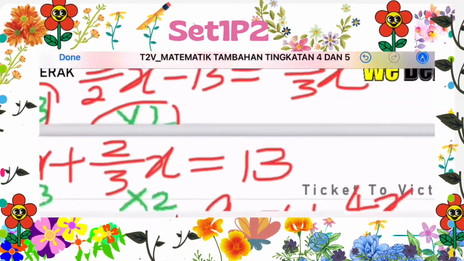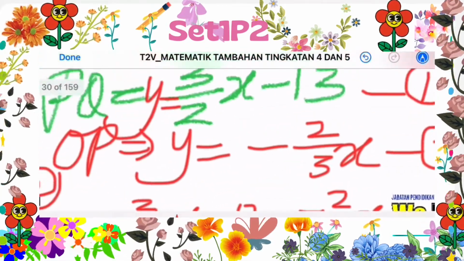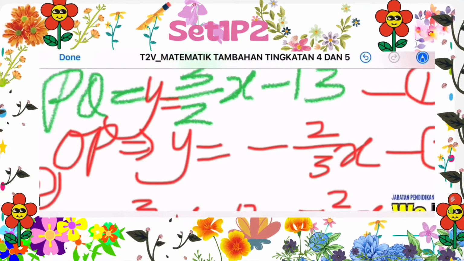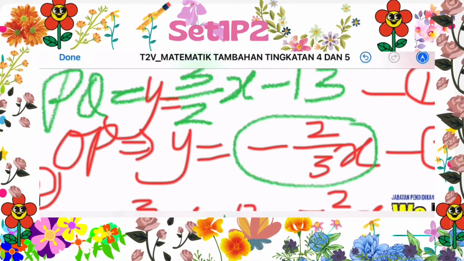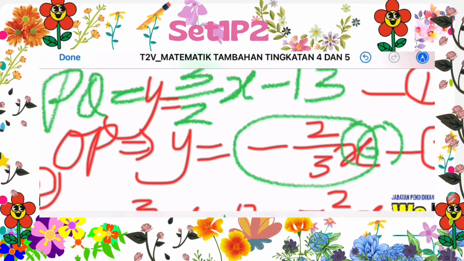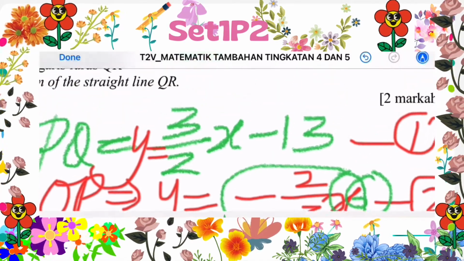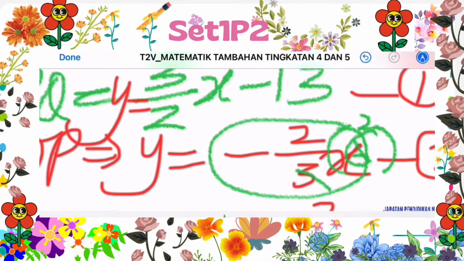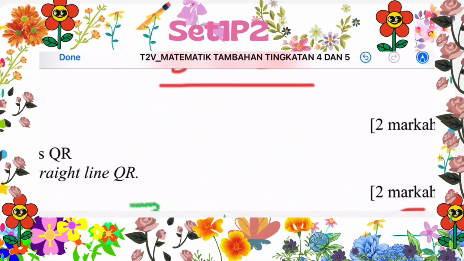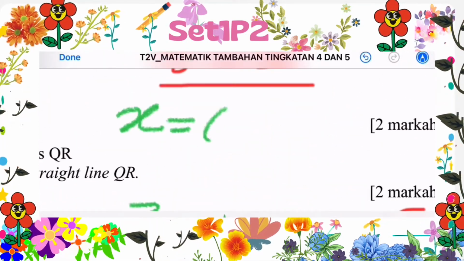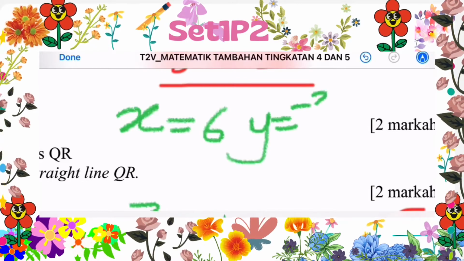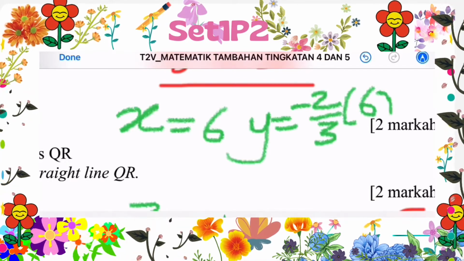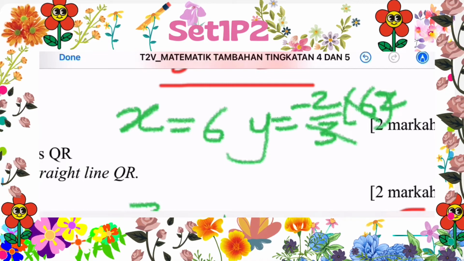So how to find the y? Of course, we will substitute into any one of these. I can use this one. So I just substitute 6 here. So we can find x is 6 and y is negative 2 over 3 times 6, so is negative 4.